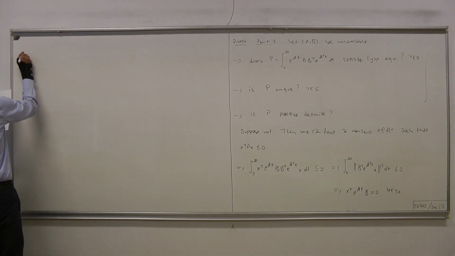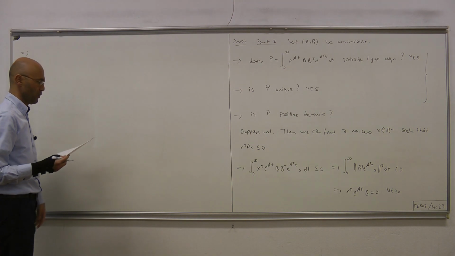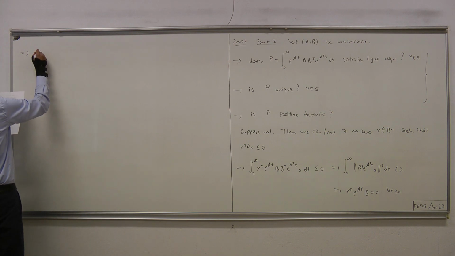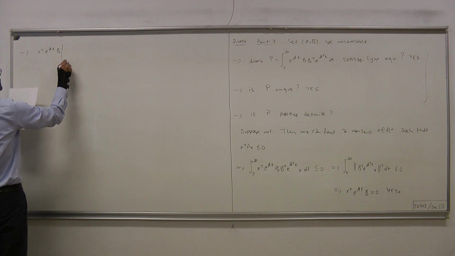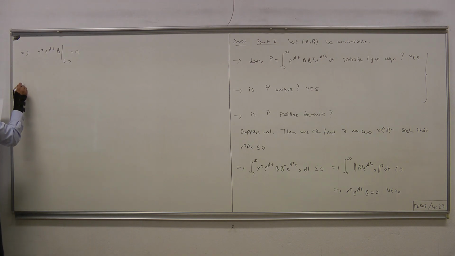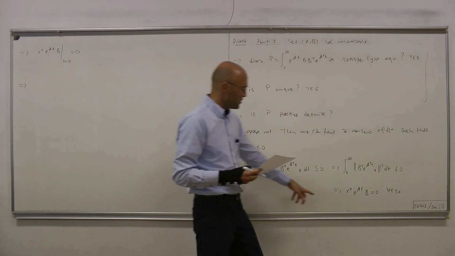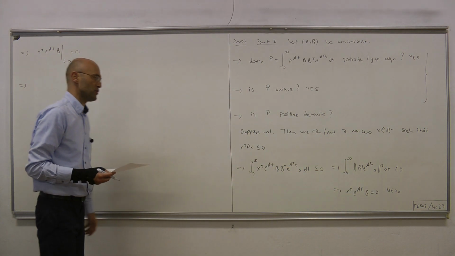Okay, so since that's 0 for all times, clearly it's 0 at t equals 0. So X transpose e to the AT times B evaluated at t equals 0 equals 0. Then what? If this is 0 at all times, its derivative must be 0 at all times too.